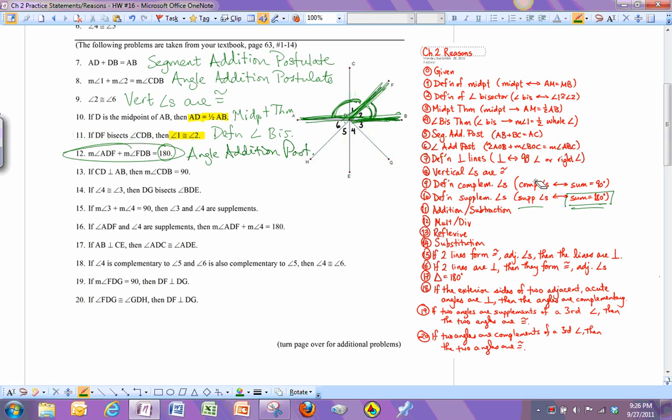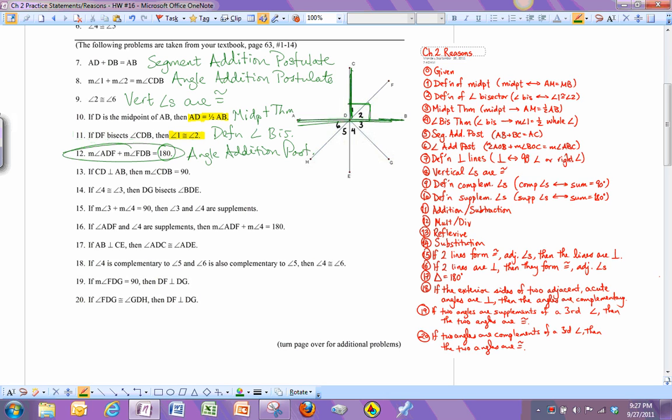Okay, let's keep going. If CD is perpendicular to AB, then angle CDB, this angle, is 90. Okay, so we need a reason that says if perpendicular, then 90 degrees.